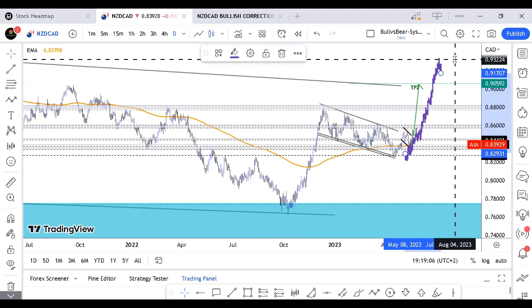When we go to the lower time frame, the 4-hour time frame, we are going to see if there is any pattern telling us that we are about to break the higher time frame resistance of a higher time frame bullish continuation pattern.